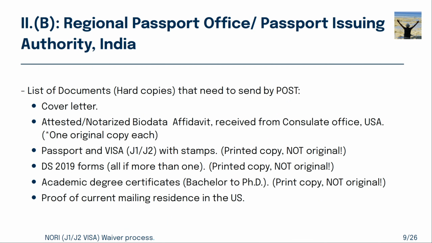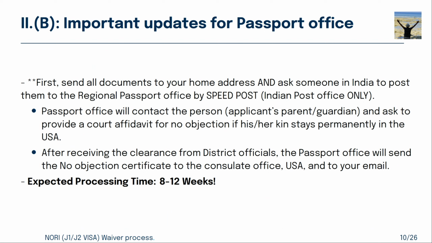Same documents you have to send to the passport office, right? But here is some trick. Let's say if you're directly sending to the passport office, it is very difficult for you to track whether those documents have been received in the passport office or not.